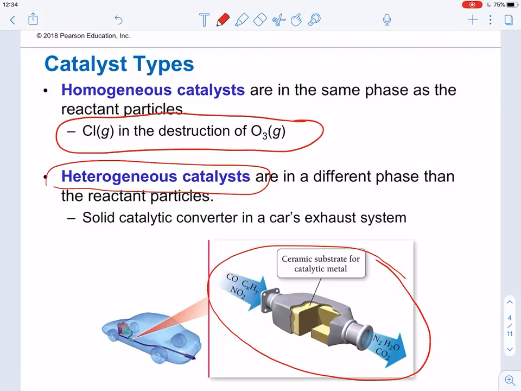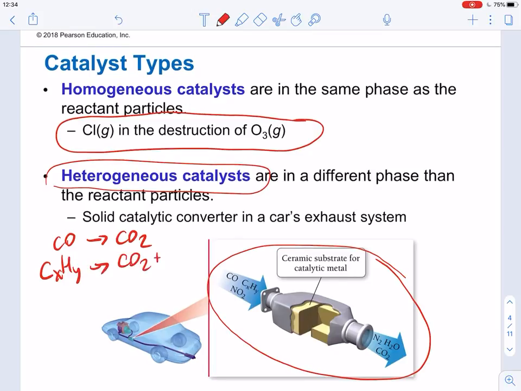And basically what you are converting is carbon monoxide to carbon dioxide, the VOCs to CO2 and water, and your NO2s or NOx, your nitrogen oxides, to molecular nitrogen.